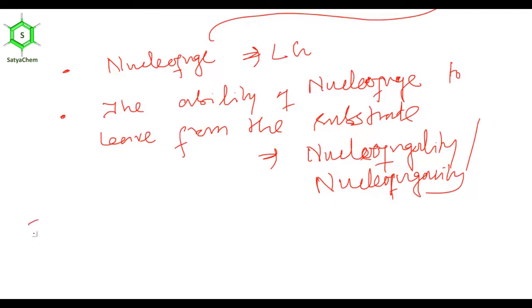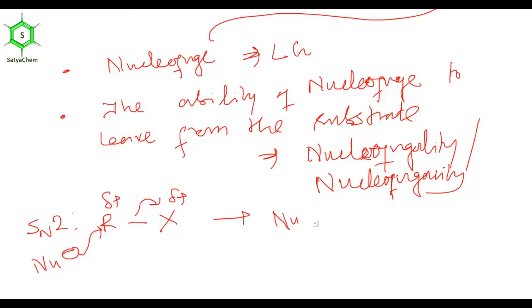Just recall the SN2 reaction, which is a single step reaction. The nucleophile attacks the positive electrophilic center, C. Here X is the leaving group. So this is the RDS, rate determining step.